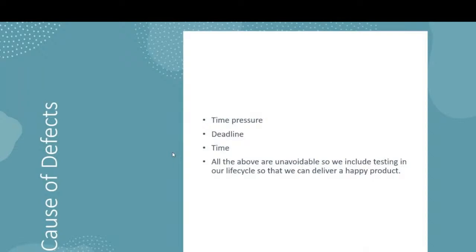So if we include testing in any of these phases, after each and every phase we test the product. First, all the requirement gathering has happened, so the developer has everything in hand and starts building something. Suppose there are four stages.